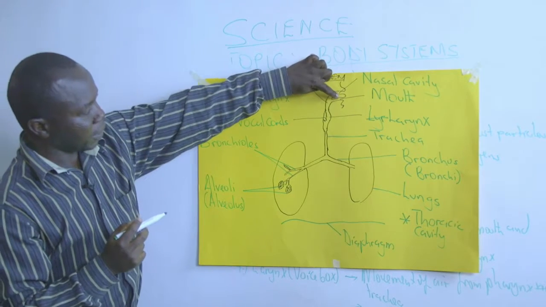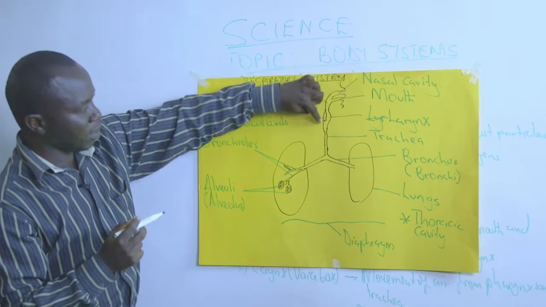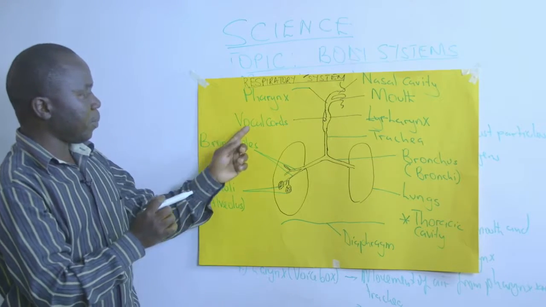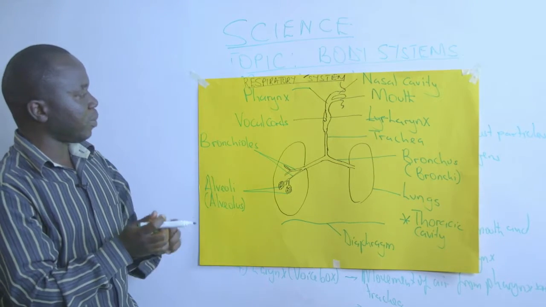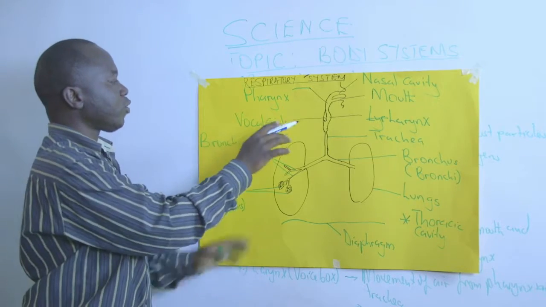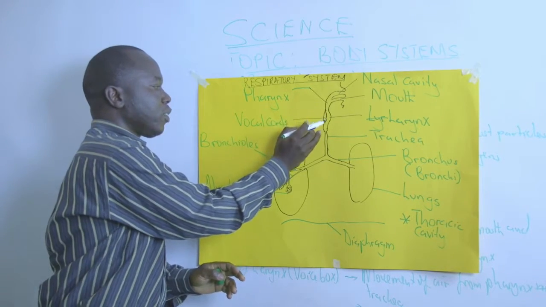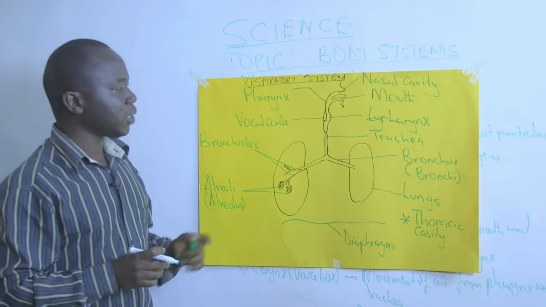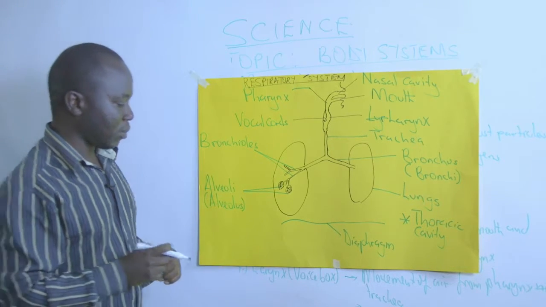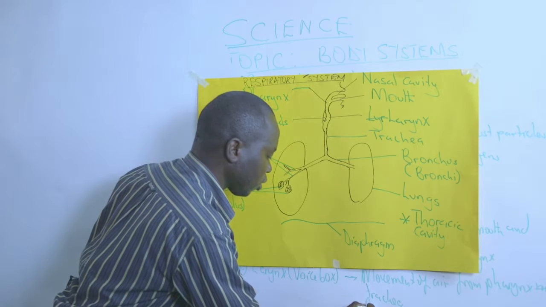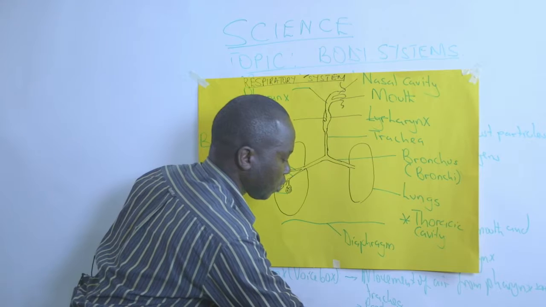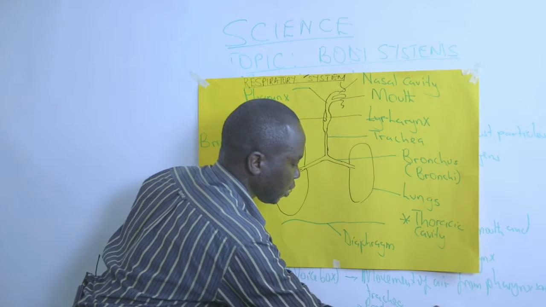So when air from the mouth or from the nose passes over these membranous structures, folds of membranous tissue, they vibrate. The edges of these vocal cords vibrate, and in the process it produces sound. So, production of sound.